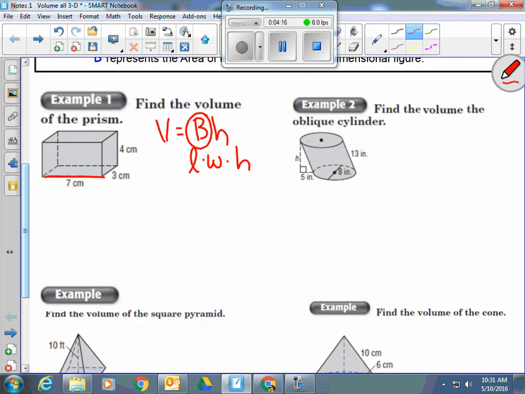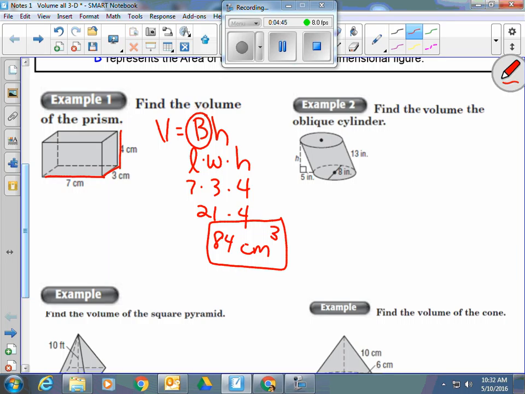So I can do 7 times 3 and make my height the 4. 7 times 3 is 21, times 4 is 84. 84 what? Centimeters squared? We're talking volume. We're no longer talking area. So it's going to be centimeters cubed. It is not 84 cubed, it's centimeters cubed. We're talking about filling it.